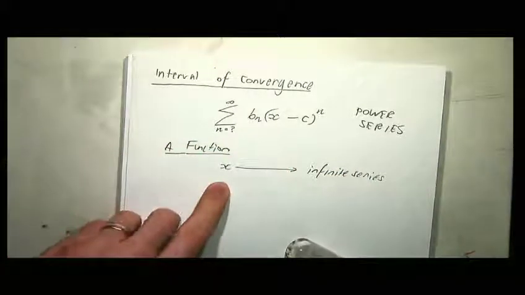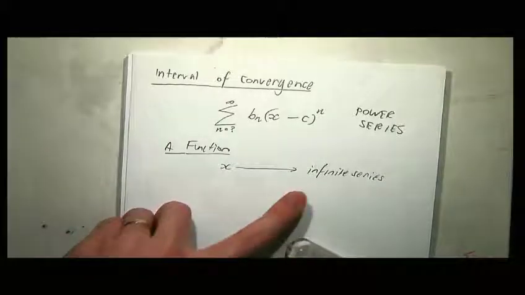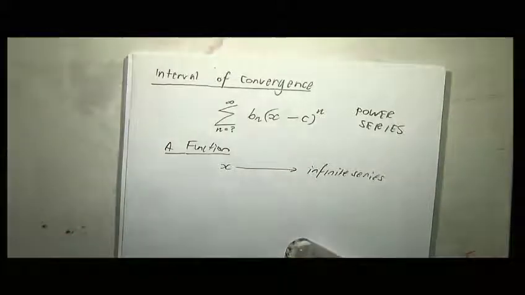So it takes x's and it produces infinite series. So you pick a particular x, you get an infinite series. You pick another x, you get a different infinite series. You pick another x, you get another infinite series. And each of those series, sometimes they converge and they represent a proper number if you add up all the sums to infinity, and sometimes they don't. Okay, and you're really interested in whether they do or they do not.